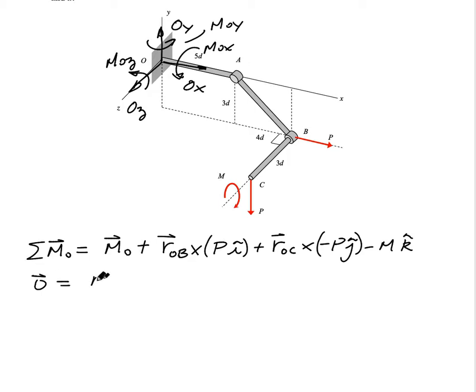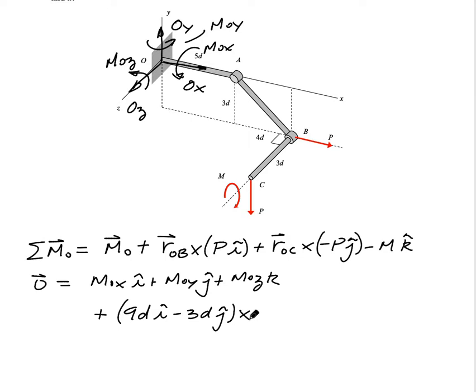So we're going to have MOX in the I, MOY in the J, and MOZ in the K. The vector which goes from O to B, that's going to be 9D in the I. It's 3D in the minus J. So that gets crossed with PI.